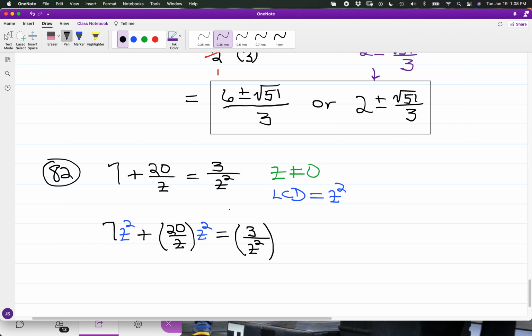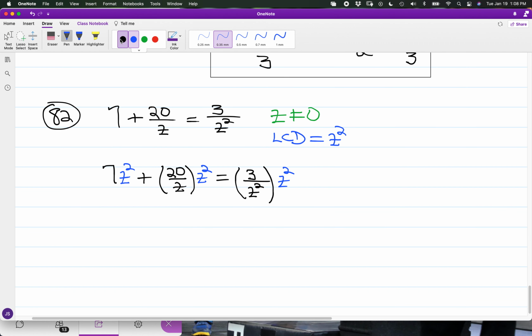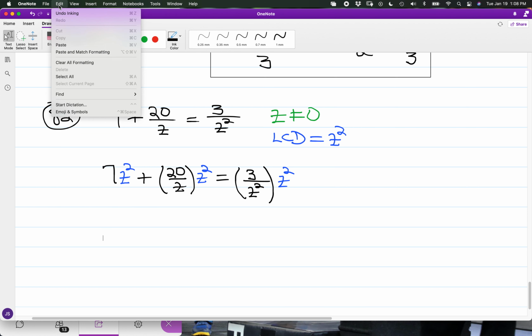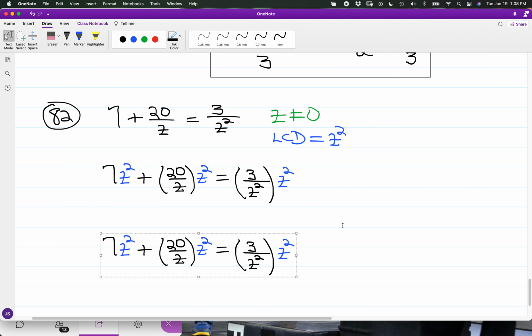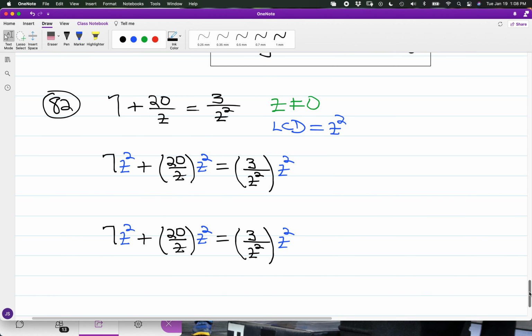I have 3 over z squared times z squared. And what's going to happen here, now you can go ahead and reduce. Let me do it like this. Okay, so you got 7z squared.